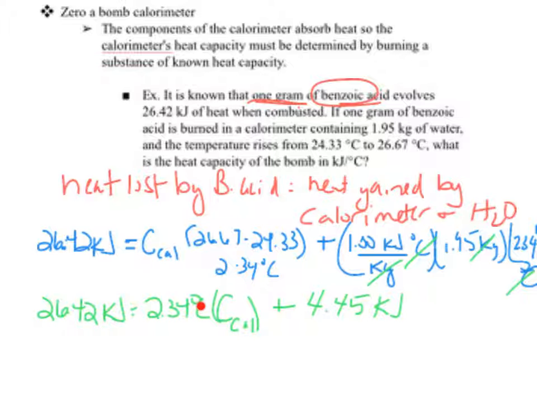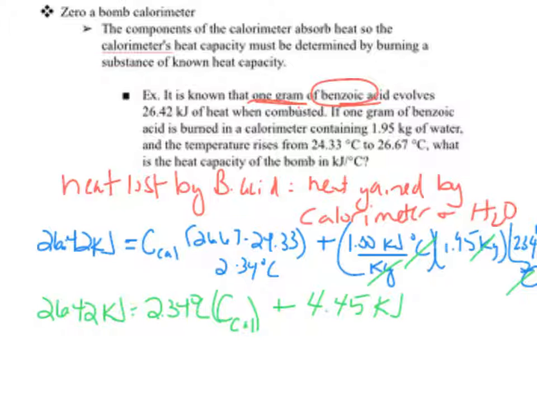I moved the number in front of the variable so you're used to 2x, not x times 2. So the 2.34 degrees Celsius times our variable, which is the heat capacity of the calorimeter, and just simplifying all of this, canceling my units, gives me my 4.45 kilojoules.